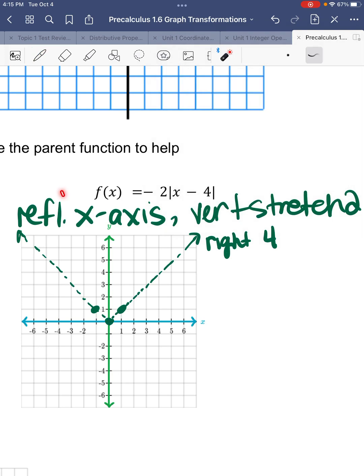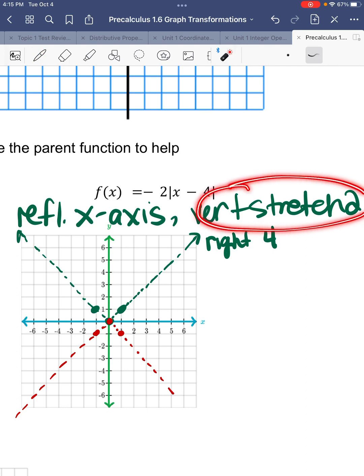To reflect over the x-axis, instead of going up, we would go down. So it would look like this instead. Okay, and so those are my new 3 key points. If I vertically stretch by 2, it takes the y values and multiplies them by 2.